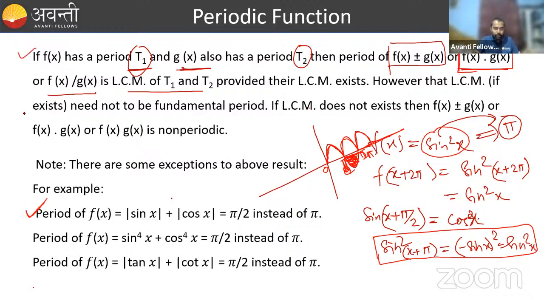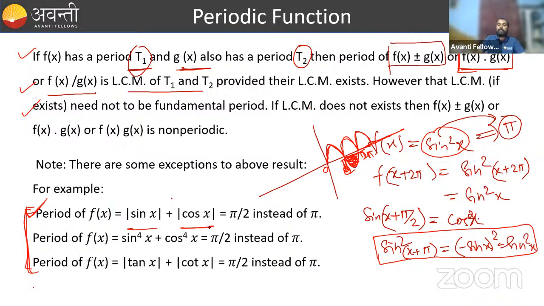These rules will work, but except for a few functions, there are some for which this rule will not work. Like the period of f of x equal to mod of sin x plus mod of cos x.